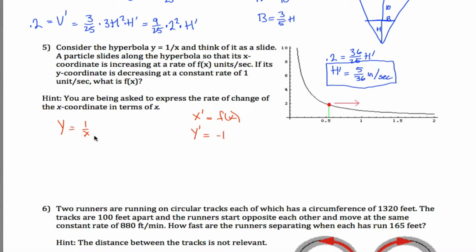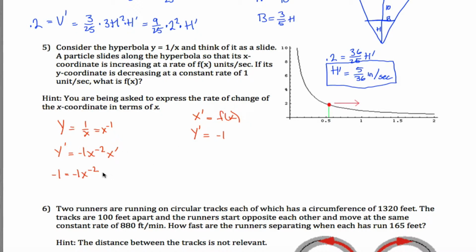Well, it turns out this is all the information that I need to solve this problem. If you take the derivative of both sides of the equation, you get y prime equals, you can think about this as x to the -1 power, so if you bring that -1 down in front, you get -1 x to the -2 times x prime. So y prime, which is given to me to be -1, is equal to -1 x to the -2 times x prime.